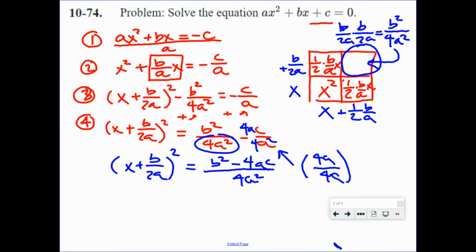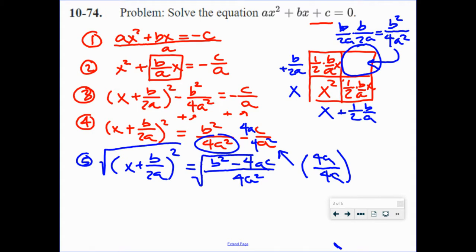All right. And our next step now, we have this squared quantity on one side. And when we are solving for x, we now want to take the square root, right? We want to get rid of this square value.